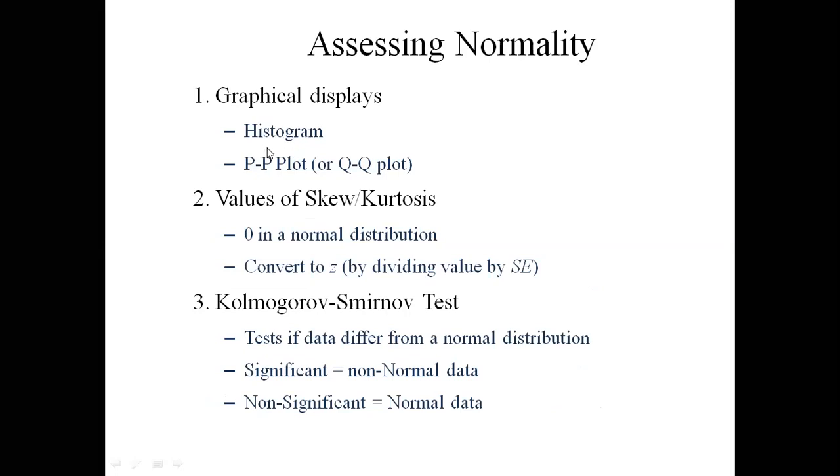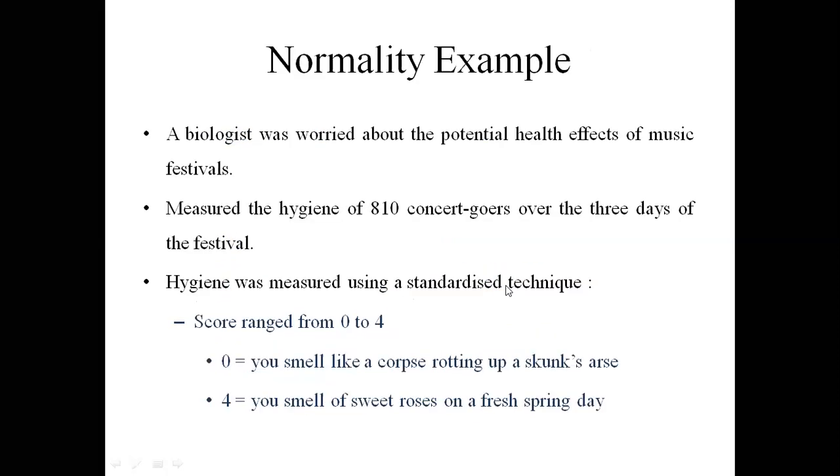There are two methods to find the normality of the data: one histogram and second PP or QQ plot. Second is value of skewness and kurtosis. This value should be between -1 and +1. And third, KS test, Kolmogorov-Smirnov test, where the p value should be greater than 0.05.